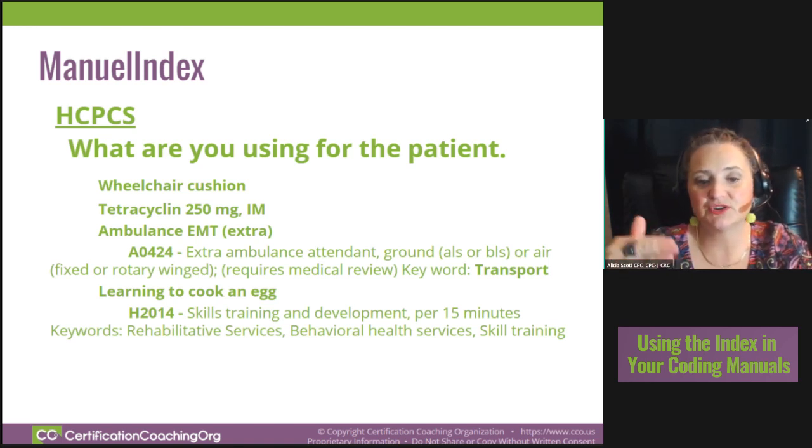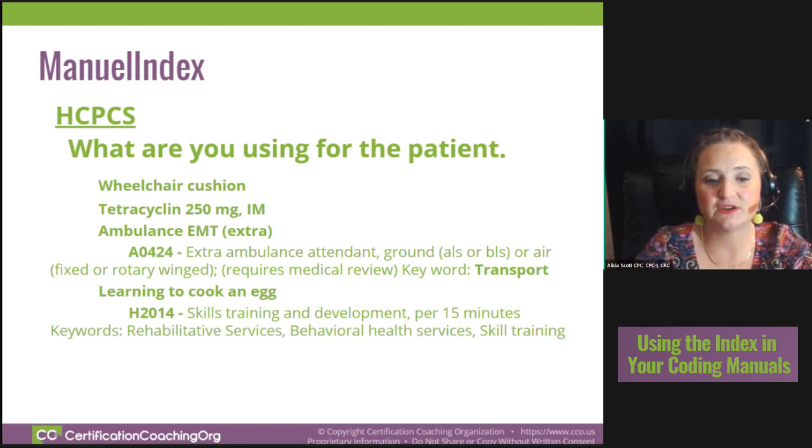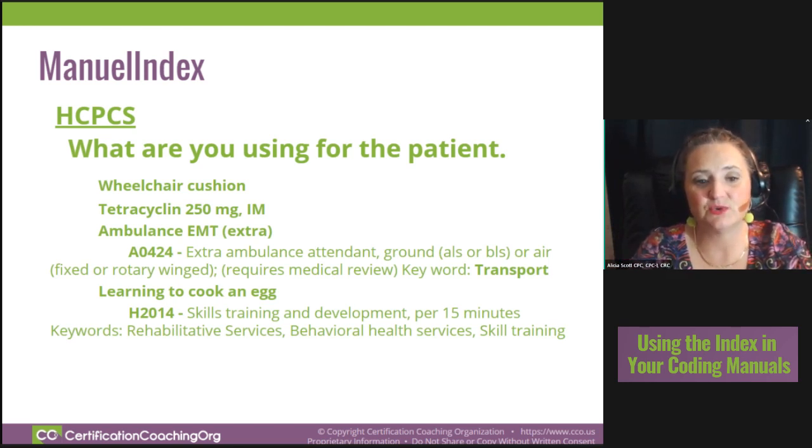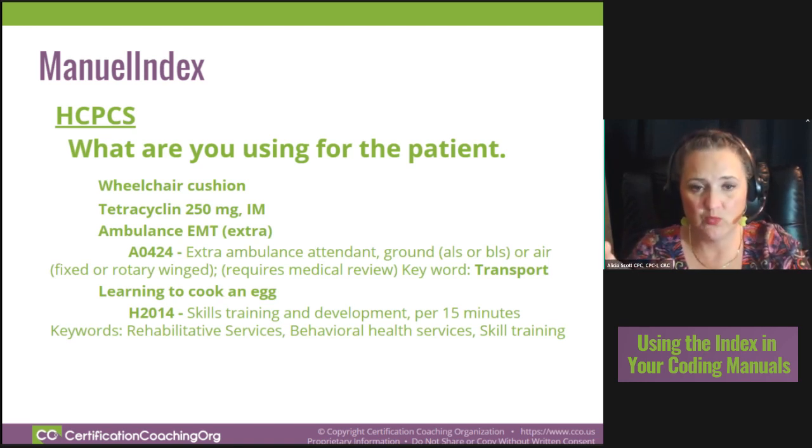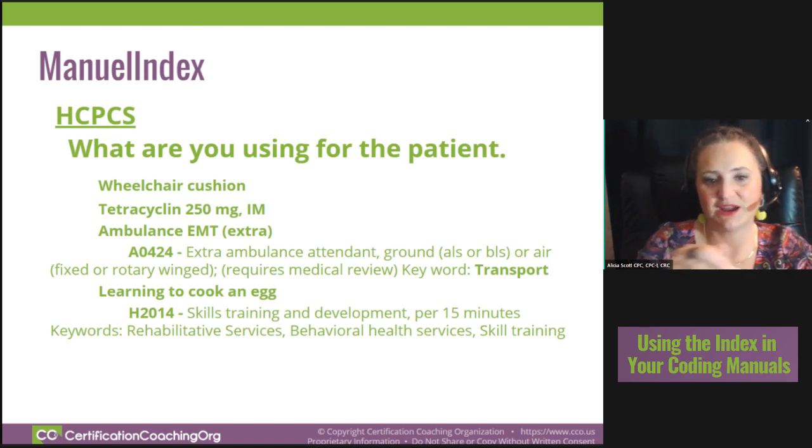So if it took 30 minutes to teach this person how to cook an egg, it'd be H2014 times 2. But the key words, what is that? It's a rehabilitation service. So you're going to look under rehabilitation. What subcategory? Behavioral health services, and then it's under skill training. And that would be the code for learning to cook an egg for a Medicare patient.